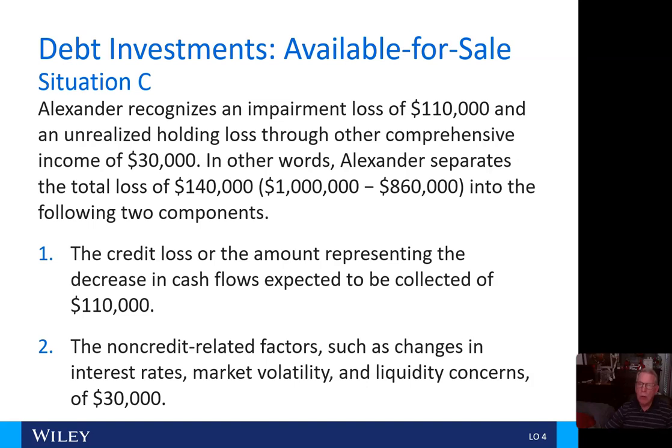In other words, Alexander separates the total loss of $140,000 into two components. One is the credit loss, or the amount representing the decrease in cash flows expected to be collected, which was the $110,000. And number two, the non-credit related factors such as changes in interest rate, market volatility, and liquidity concerns of $30,000.